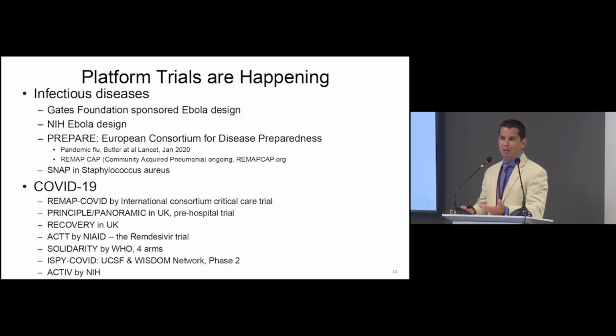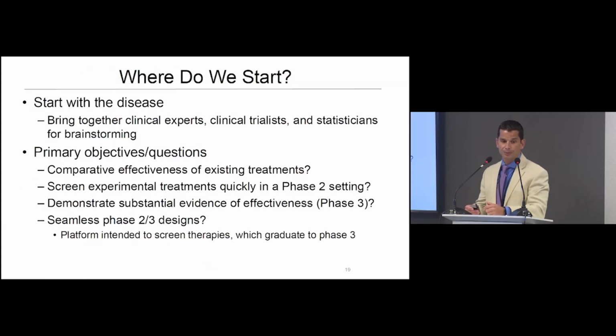But if you looked at the big platform trials, REMAP-CAP, PRINCIPLE, RECOVERY, SOLIDARITY, all these platform trials had major findings in terms of beneficial treatments. And I think this is really just an illustration of how important these platform trials are for addressing the global need of, hey, what's the best way to treat this disease?